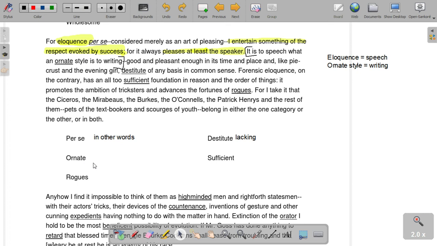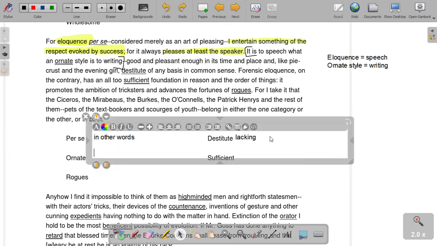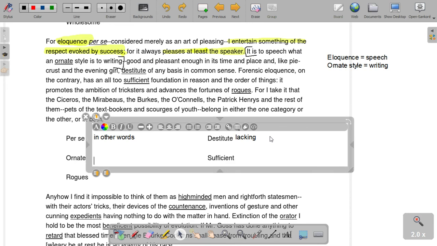So what do you think ornate means? At this point, we should have enough information to tell. Like nice style. Okay, now, can you think of a maybe stronger adjective than nice? Pleasing. You're close. Basically a complex or decorated style.